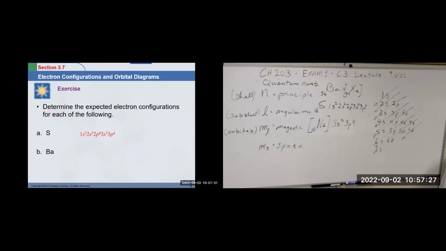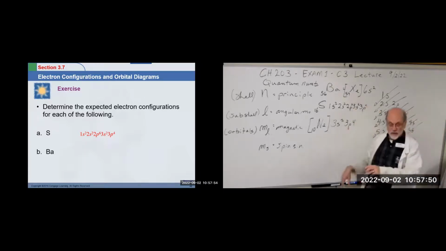For the s orbitals, that's 6s, and there are 2 electrons. So all we have to do now is write 6s2. 2 plus 54 is 56. So knowing the structure of the periodic table will help.